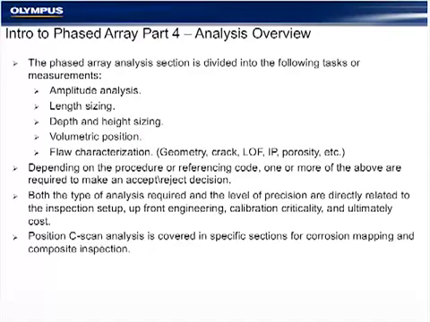The flaw characterization is the ability to differentiate geometry from flaws, and different types of flaws from each other. Different codes have different rules for cracks, lack of fusion, and porosity. The ability to differentiate slag from lack of fusion is one of the big benefits of phased array and the multi-angle sector scan inspection approach. In some cases, it's very critical to the accept-reject decision.